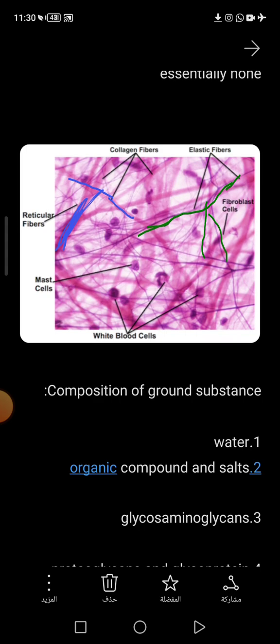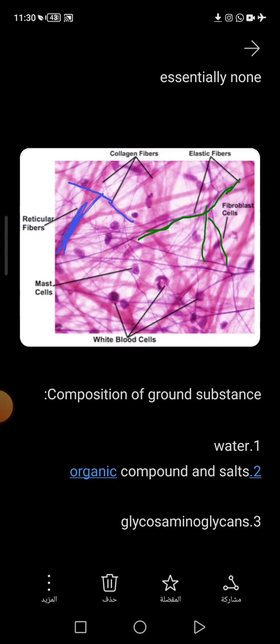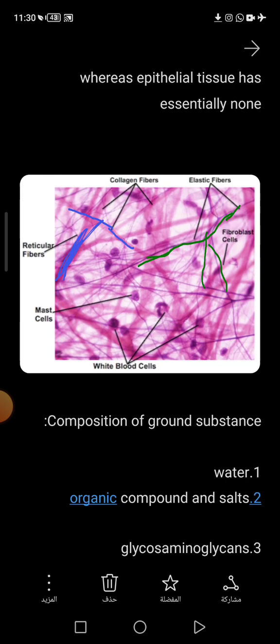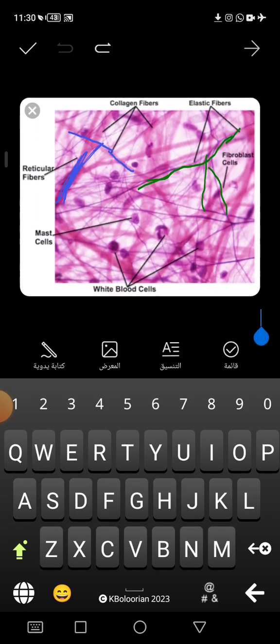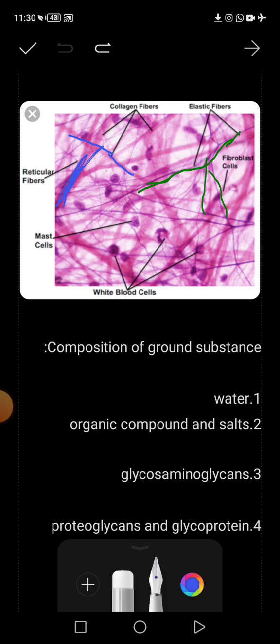Okay, this is the difference between the types of fibers. So what's the ground substance? If we come to the ground substance, we can't see it by a light microscope. The ground substance is, guys, you see those whites here? The whites between the fibers, as you see.